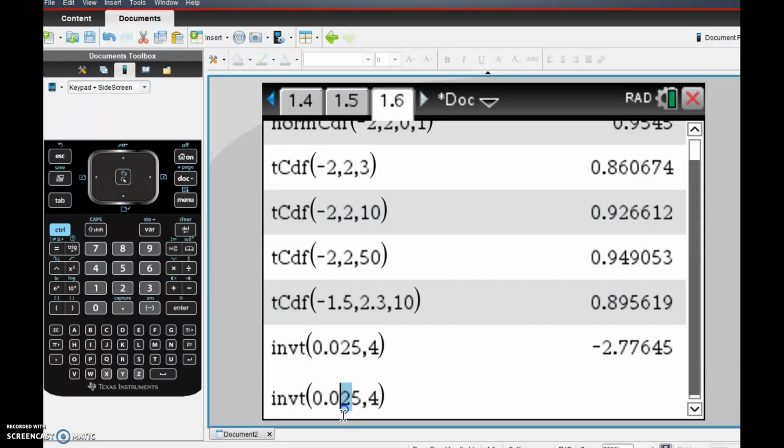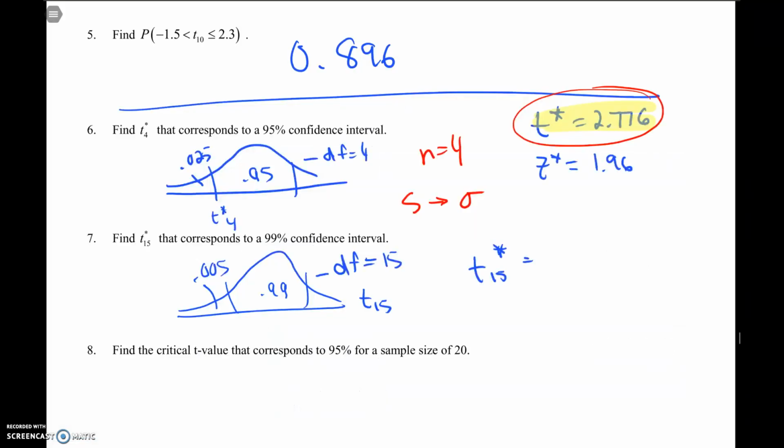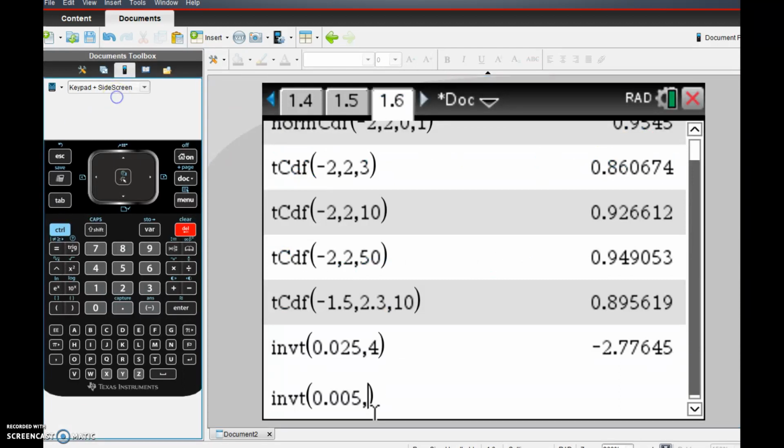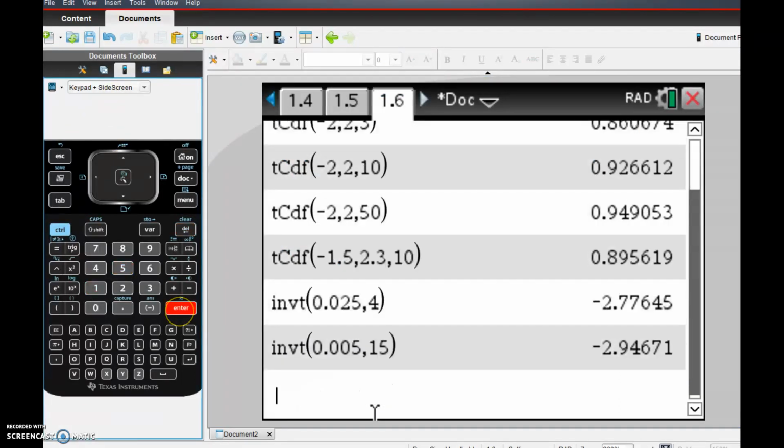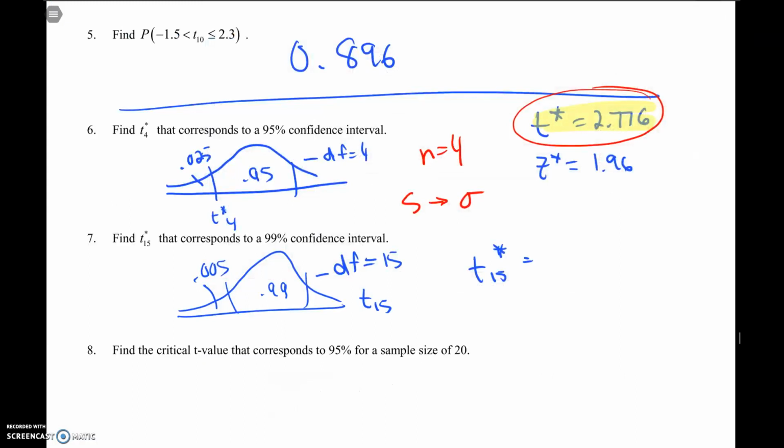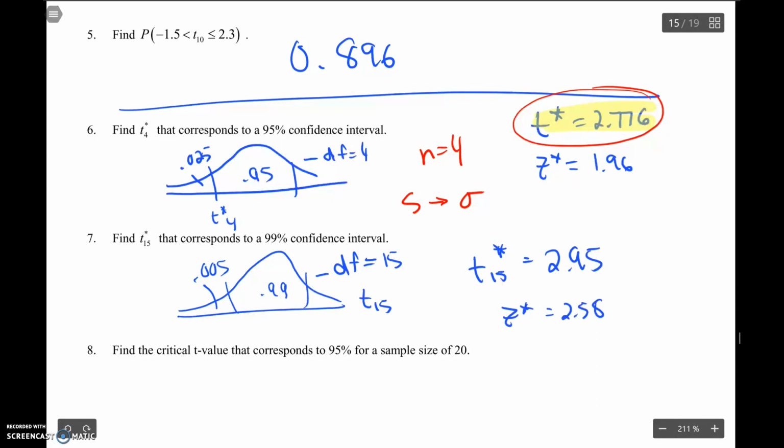As long as you draw a picture and get a good visualization, it helps. How many degrees of freedom? 15, sorry. 2.95. Compared to the z-crit for 99, which is 2.58. Again, bigger, but not as drastic.